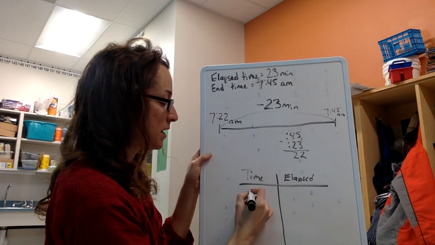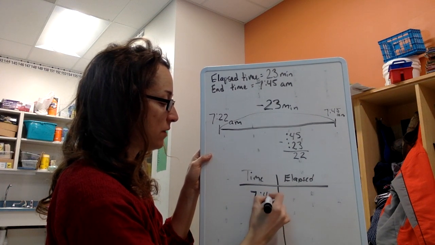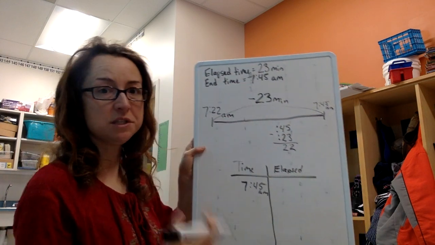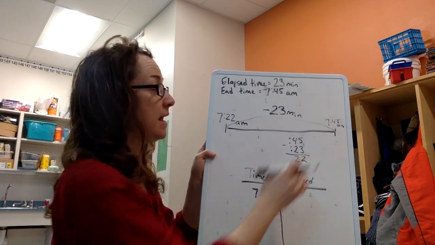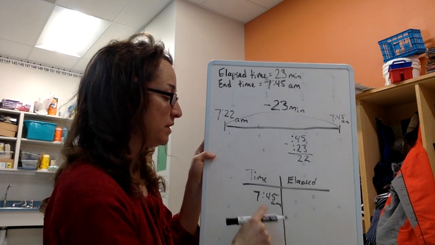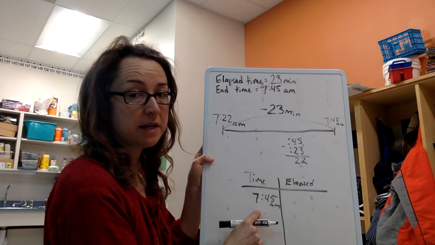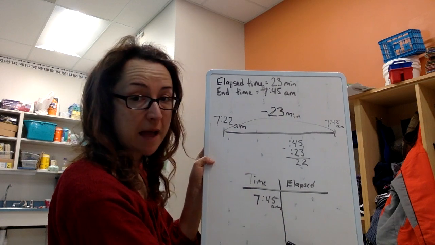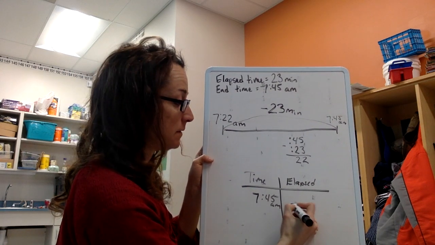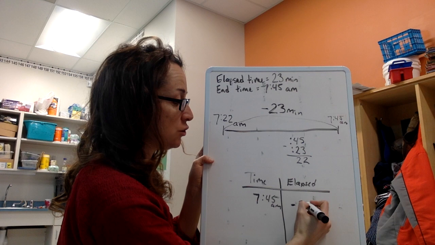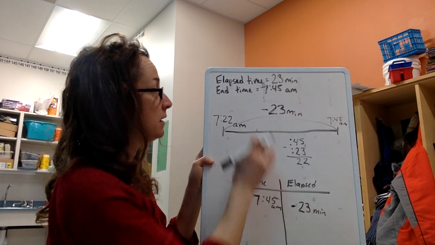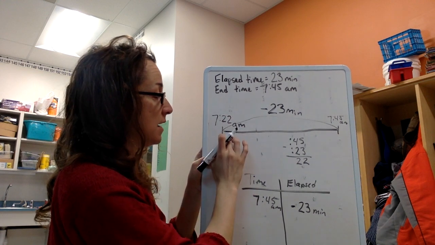So I'm starting at 7:45, but I know that's not when she started. That's my end time, but the reason I put it here is because I'm going to subtract my elapsed time over here. I'm going to say minus 23 minutes to find my start time.